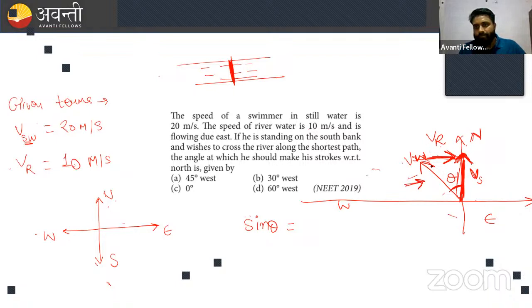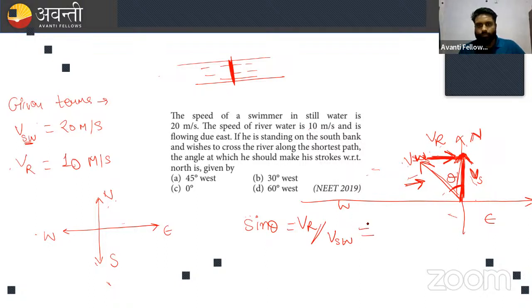Perpendicular is the magnitude of VR, divided by the hypotenuse, which is the magnitude of VSW, the velocity of swimmer with respect to still water.